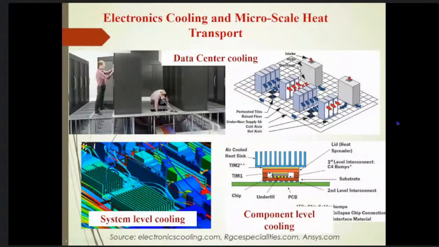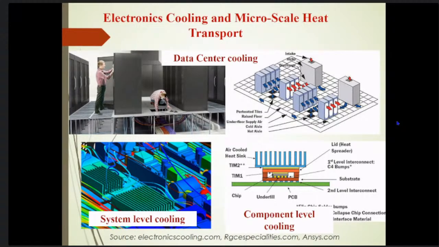Regarding the data centers, as we all know, the demand and the capacity of data centers is increasing every passing day, and the data center is one of the major sources of energy consumption, and we need to minimize that consumption. So what are the factors that affect the energy consumption in the data center?